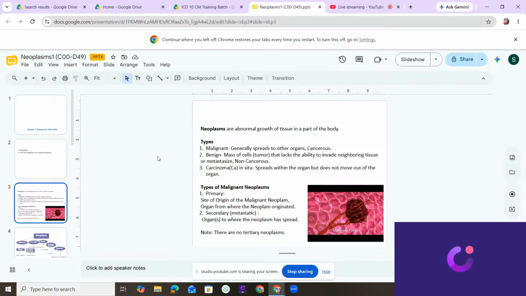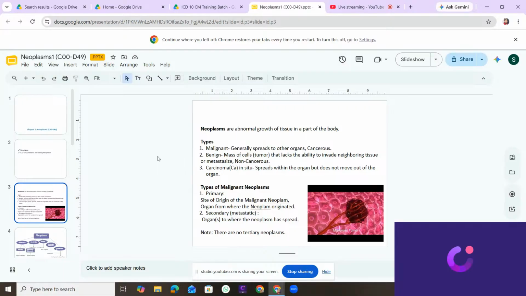Secondary, another name is metastatic cancer or neoplasm. That is the organ to where the neoplasm has spread. It means the primary organ was different and the secondary location is different. For example, the primary organ was the liver and the secondary cancer goes to the lungs.